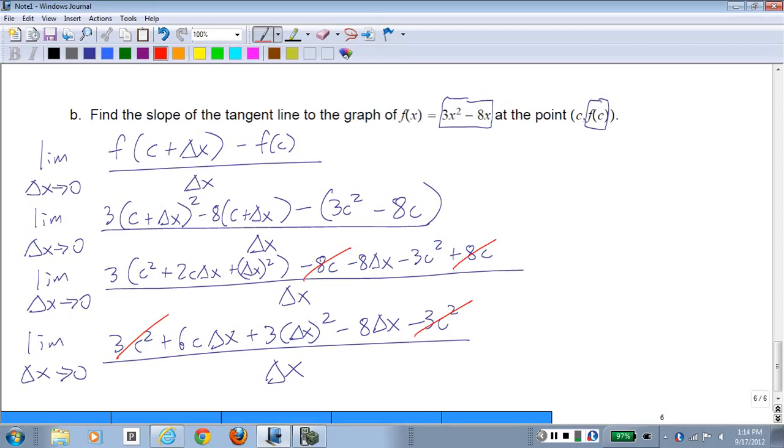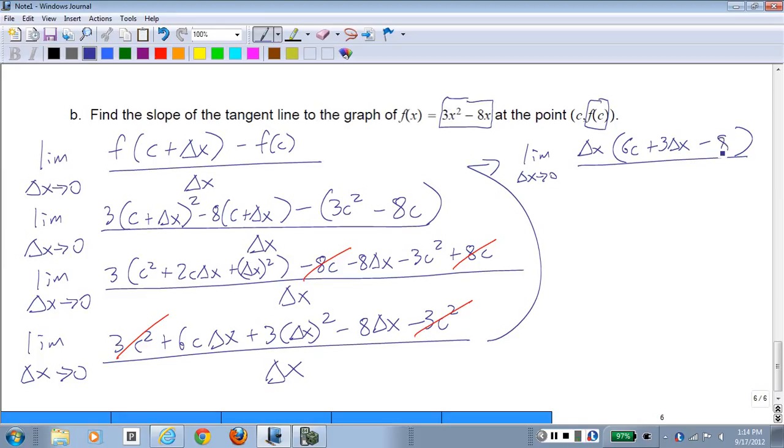And I think probably now is the time, because technically no two of those 3 terms are like terms. So let's go ahead and factor the delta x out of the numerator. This equals the limit as delta x approaches 0 of delta x times 6c plus 3 delta x minus 8, all over delta x.